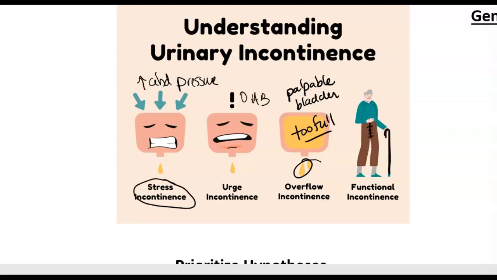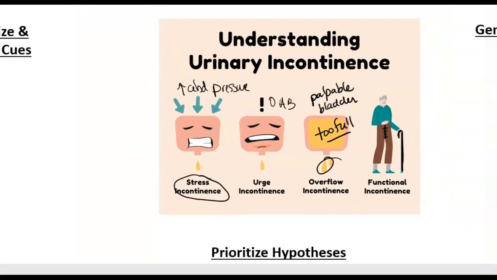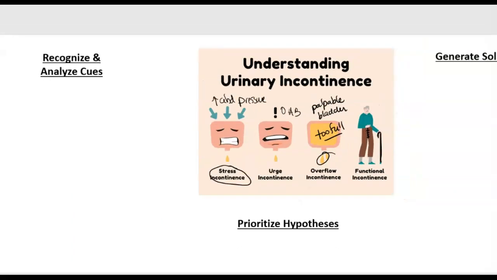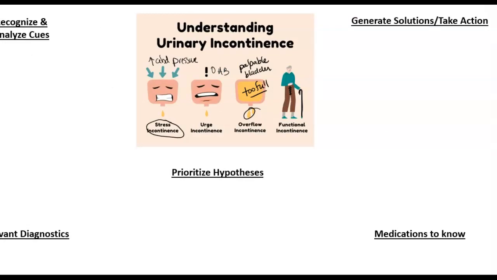They're using a cane. They have trouble getting out of bed, so the bed alarm is going off, and the bathroom is pretty far away. So that is functional incontinence, physical or cognitive, which is pretty interesting because all of us were functionally incontinent at one time, weren't we?